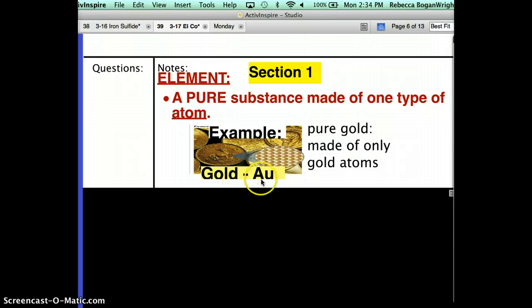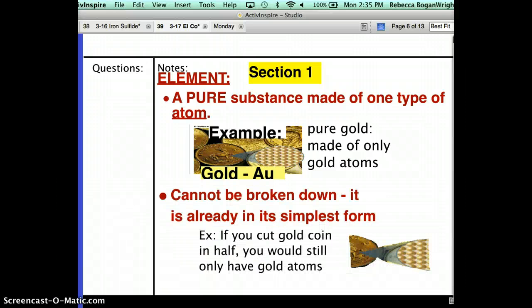For example, gold or anything else on the periodic table is an element because it is made of pure atoms, all the same atom. Gold is pure gold because it is only made out of gold atoms. Something else you need to know about elements is that an element can't be broken down any more simple than it already is. Like, if you cut gold in half, you would still only have gold atoms.